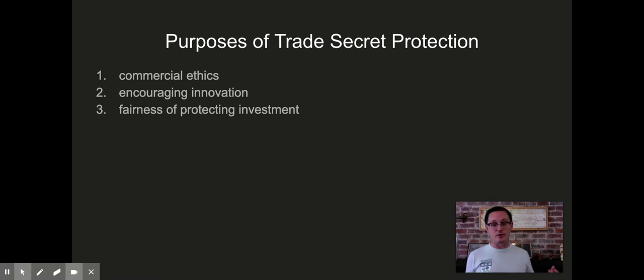So maybe protecting trade secrets can have some kind of knock-on innovation encouraging effects that we might think are valuable. And then finally, maybe there's just a fairness question, right? I mean, maybe we want to say to companies, look, if you invest time and energy in generating confidential information and trying to keep that information secret, it's only fair that we should provide you with some kind of framework that would enable you to maintain the value of the investment that you've made.